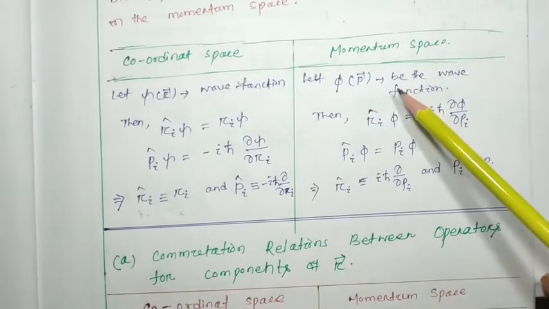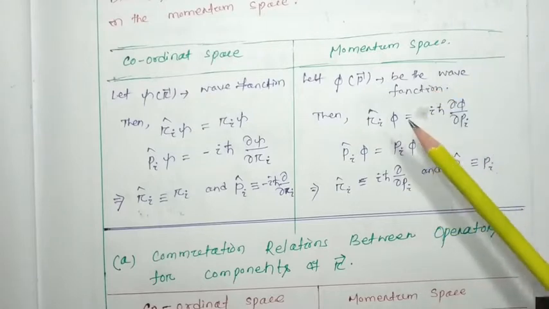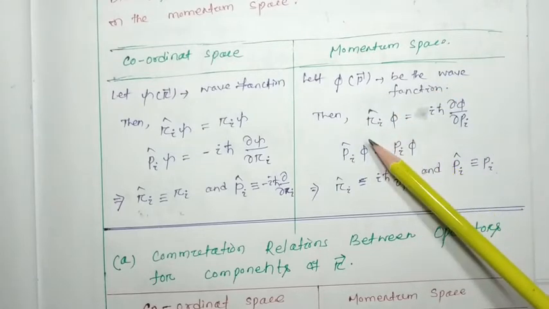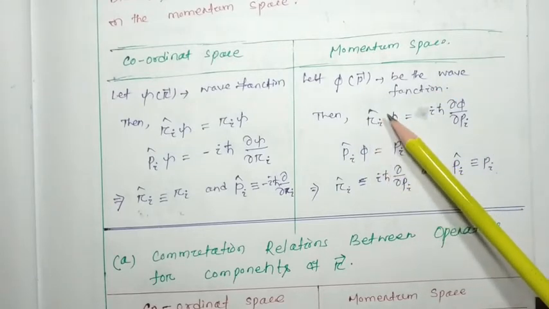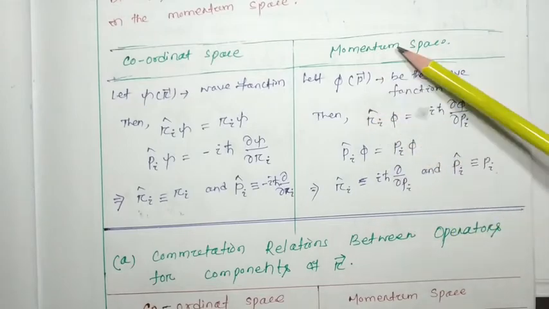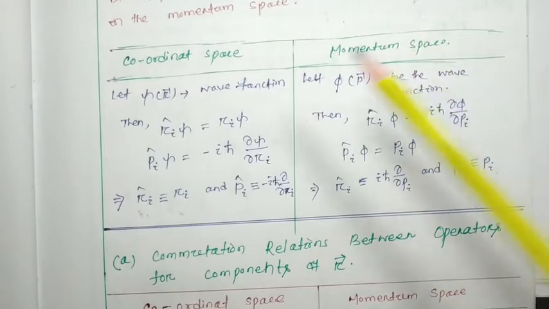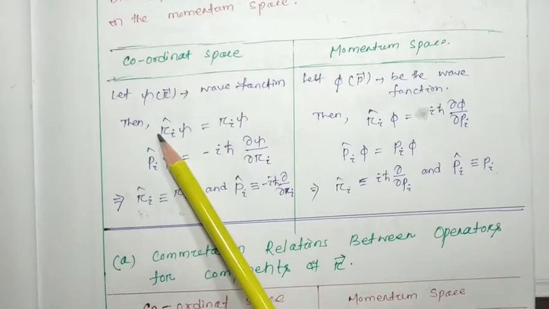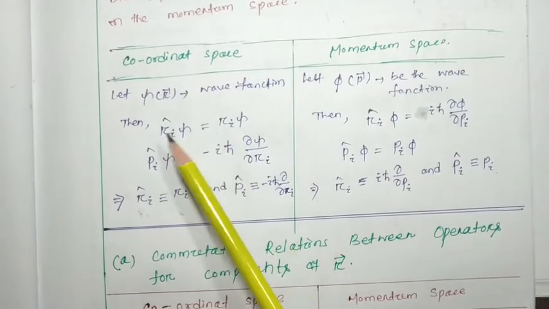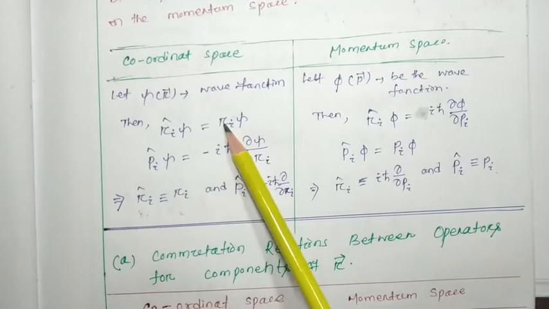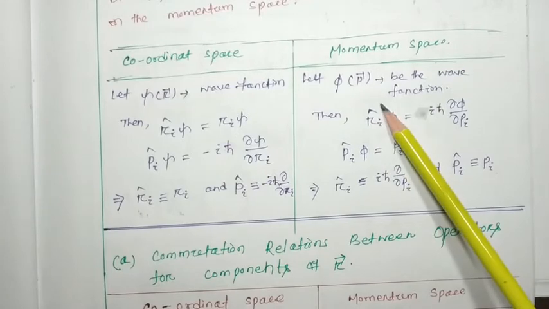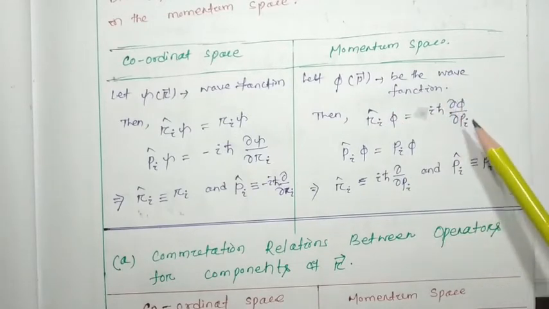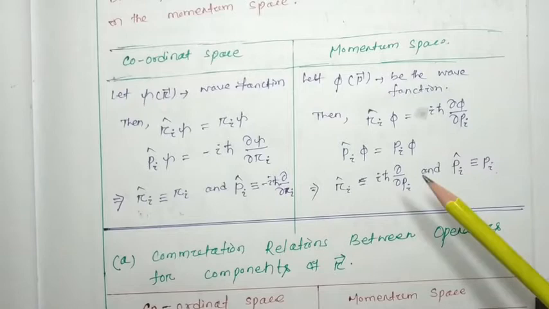The wave function is phi of p. Now Ri cap means the position operator in the momentum space. In the coordinate space, the position operator x cap is itself x, but here x cap will be i h cross del by del px.